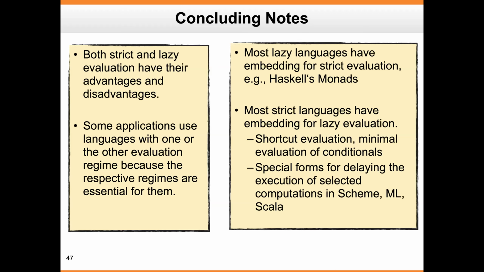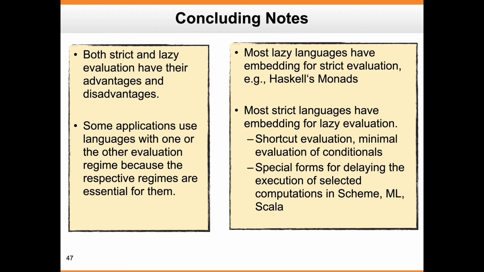The other way around, many strict languages have support for lazy evaluation in one form or the other. I started the lecture by talking about shortcut evaluation of conditionals, for example, minimal evaluation of conditionals. This is very widely spread in many languages. In addition, some languages provide special forms for delaying the execution of selected computations, which are marked as such.